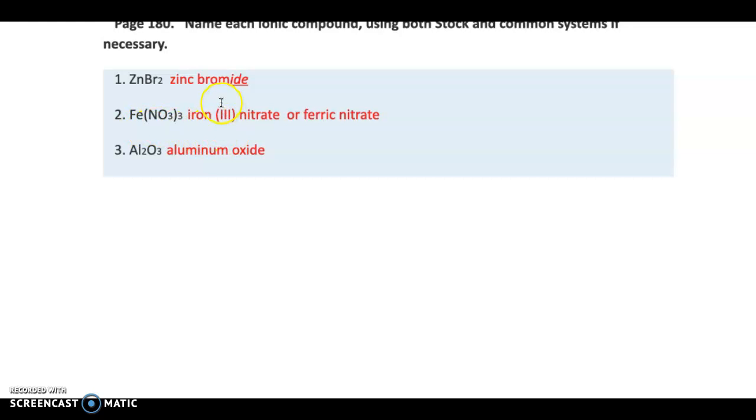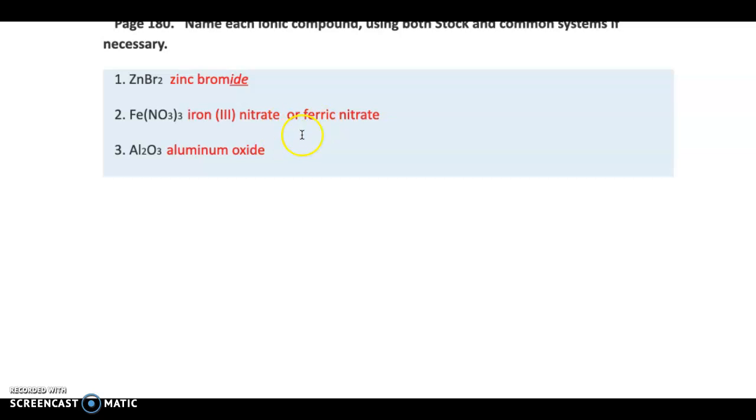You have to write in parentheses the Roman numeral of the iron charge. Another trick, you can see that this is 3, right? Iron can be +2 or +3, so it definitely has a charge of +3. Remember the crisscross system? This iron has only 1, so this one is probably -1. So iron, the stock name for the element, the charge is +3, and the name of the polyatomic ion is called nitrate.